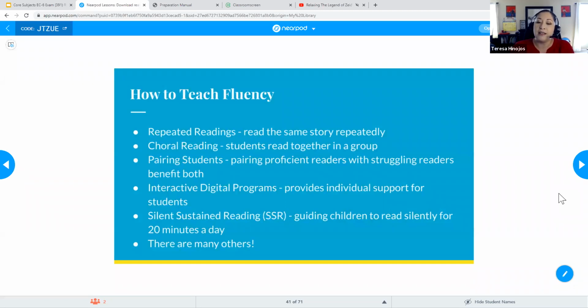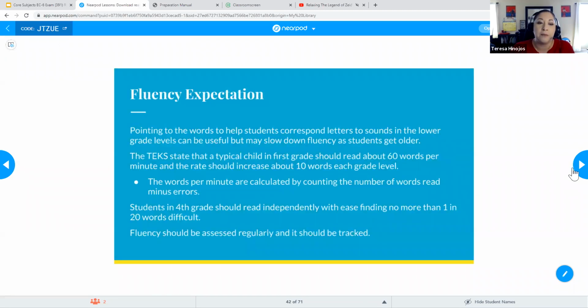It's just having students focus and work on reading something. A lot of times with silent sustained reading, it may be a book of their choice, something the kids are interested in so that they're more likely to pay attention to it. There's a whole bunch of other tools out there, but these are the main ones that you're going to see, and I wanted to go over how those work with fluency.